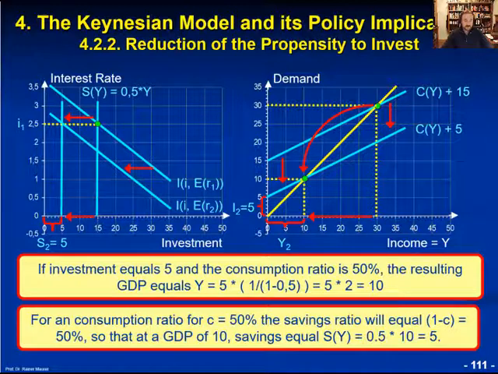As a result, the interest rate stays constant at the level of 2.5%, since the intersection point of the new savings curve, this curve, and the new investment credit demand curve, this curve, lies here at the same level as before, 2.5%, such that investment credit demand equals 5 units too.